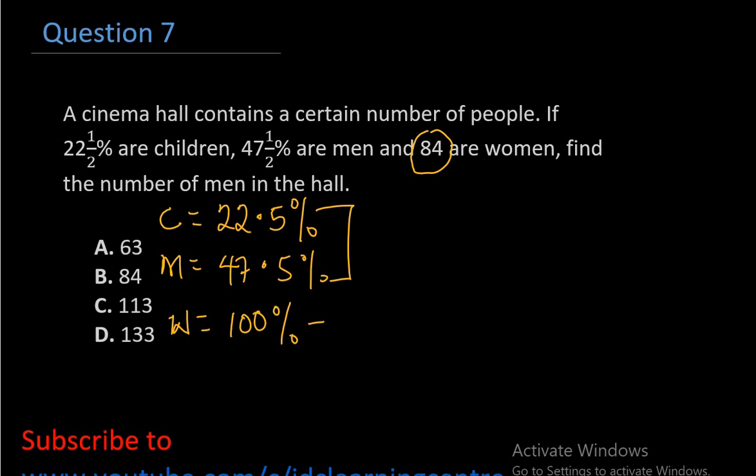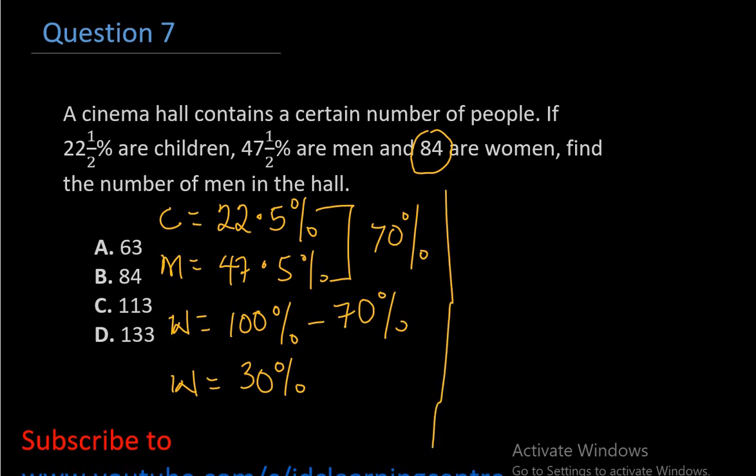If you sum both, it will give us 70% if you punch it into the calculator. So 100% minus 70%, percentage of women will be 30%.